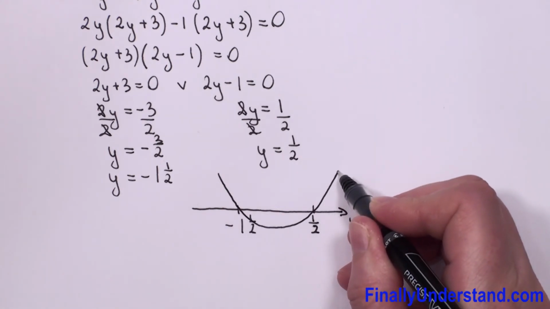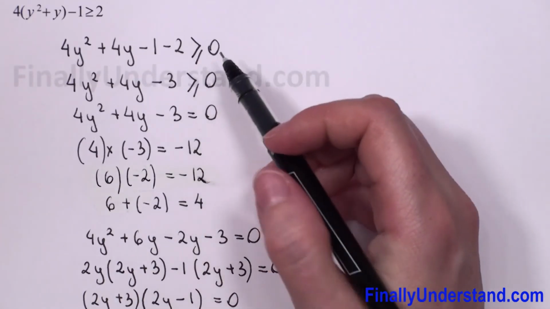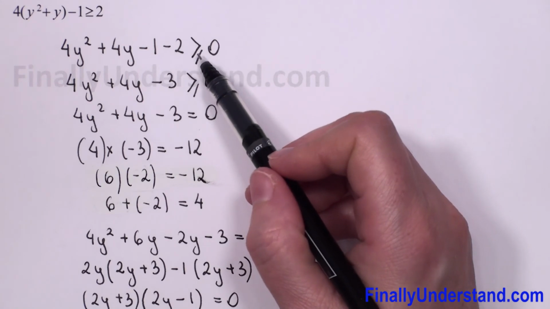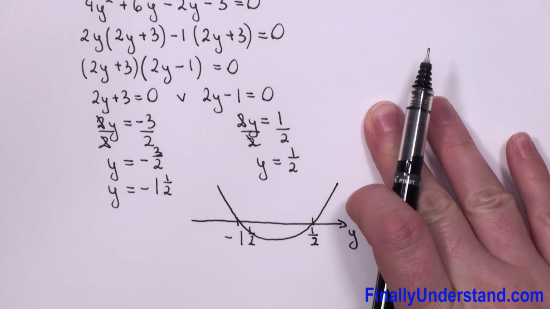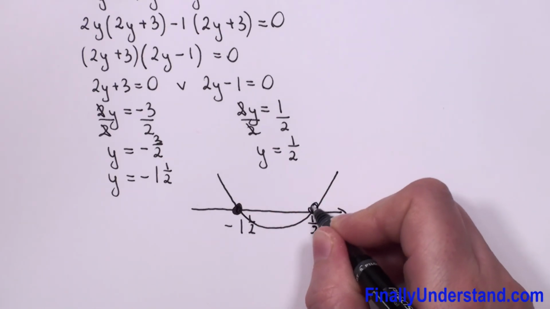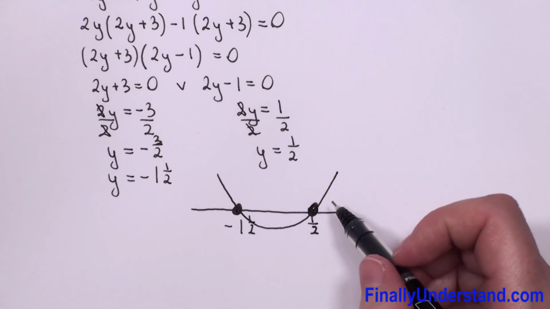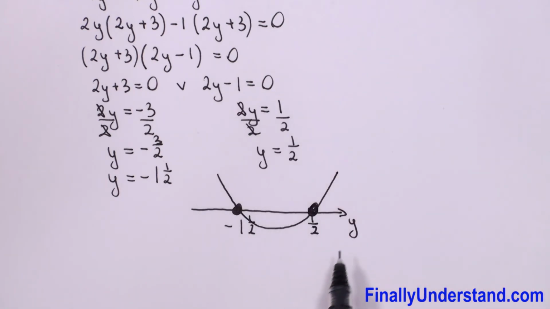And the sign of our inequality is greater than or equal. It means our roots are included, and we have to find the values greater than 0. It means whatever is above our number line y.